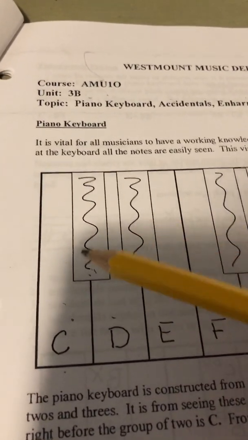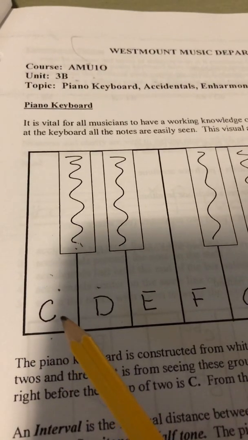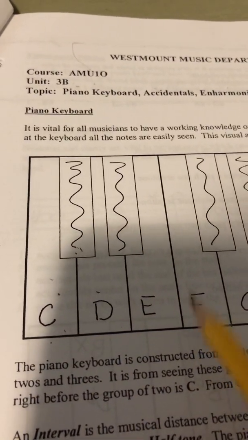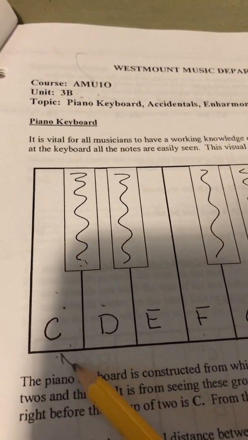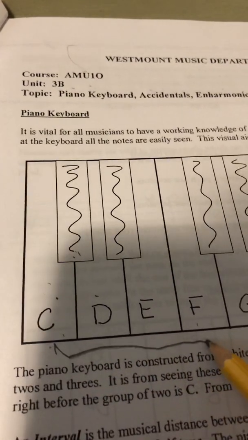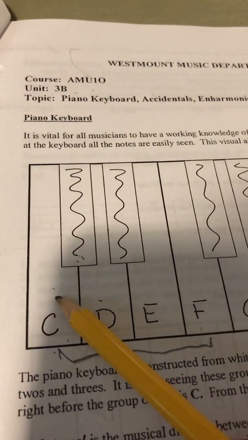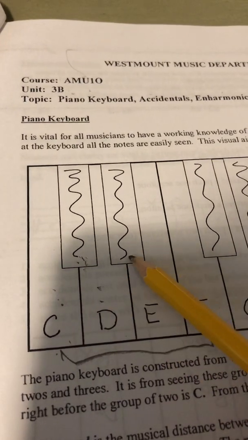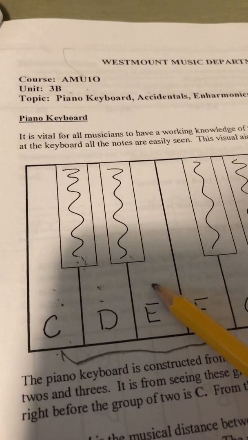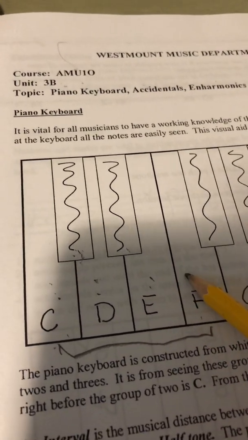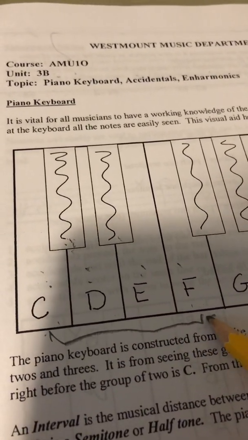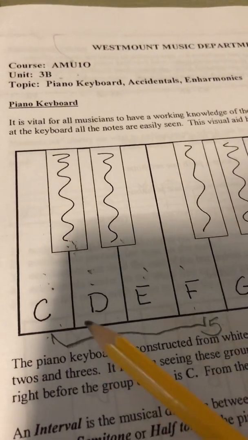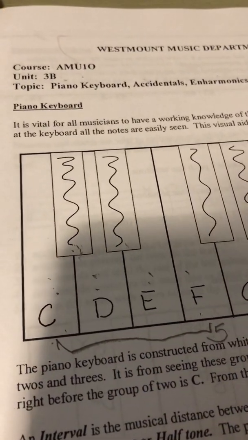If I asked you how many semitones it was from C to F, you'd count them. Here to here is 1, here to here is 2, 3, 4, 5. So the answer is the distance between C and F on the piano is 5 semitones.